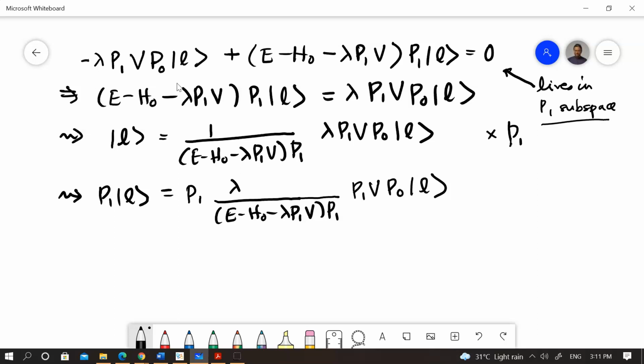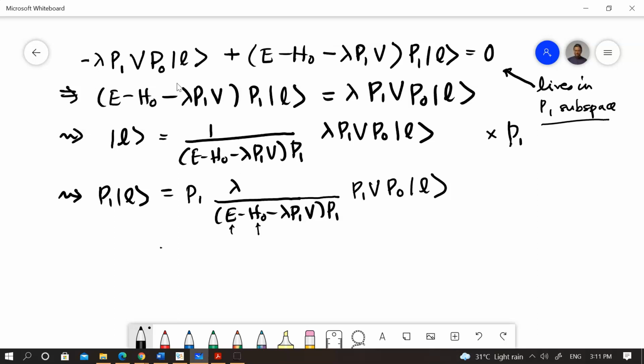Okay. So one of the things over here is that this P1 is outside the bracket, but over here this is just an eigenvalue, your perturbed energy level, and your H naught commutes with P1. So I could essentially ignore the multiplication of P1 because the whole thing is going to be projected by P1 over here.